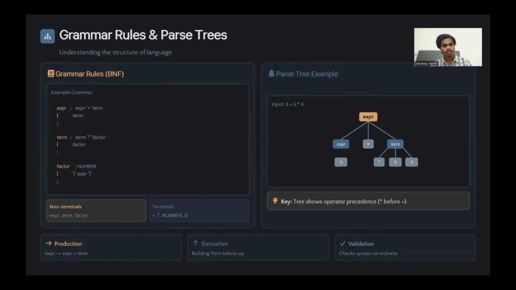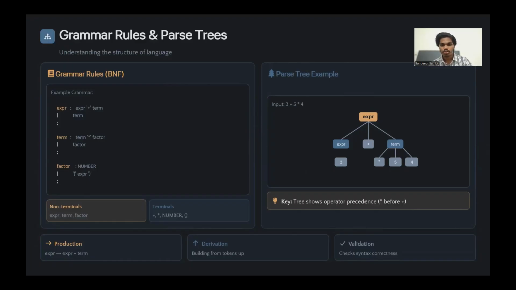And also, coming to another example, the factor can be a number or an expression inside parentheses. And now let us take the input, or this could be various example grammars. Now let us take the input, that is 3 plus 5 star 4, or any other example. Now let us build a parse tree from here.